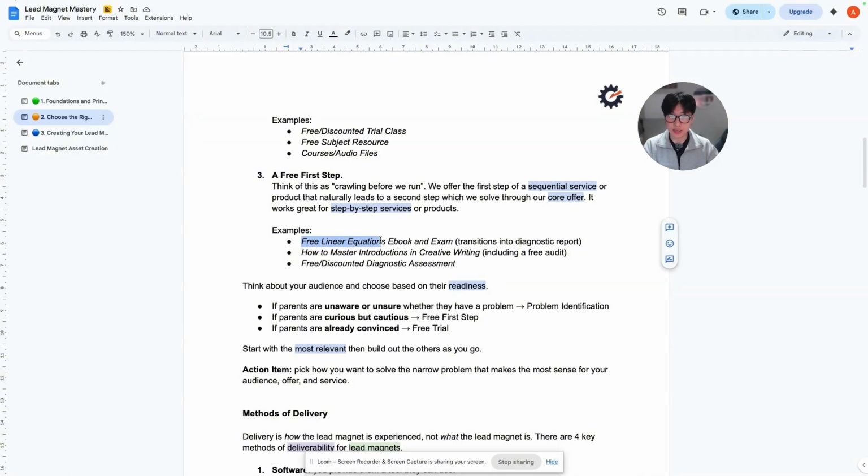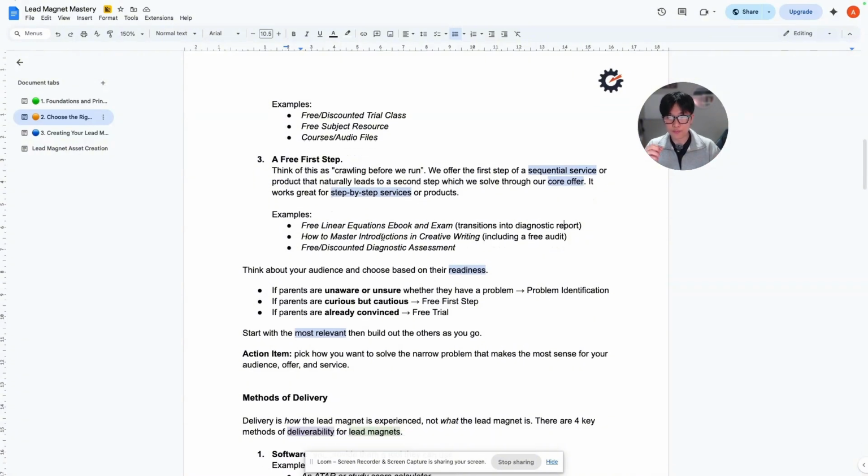So you can have a free linear equations ebook and exam that, once again, identifies the next step, which is getting a transition into a diagnostic report. And the next step could be the next topic. So if it's linear equations this time, in the paid service, you can solve and master quadratic equations and all sorts of other maths topics as well.